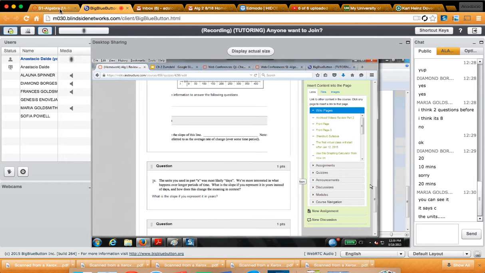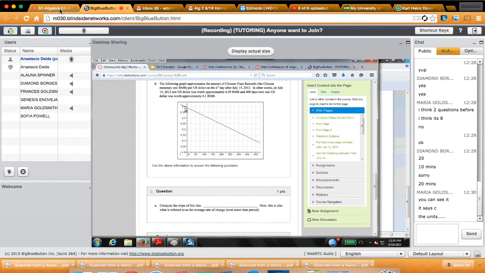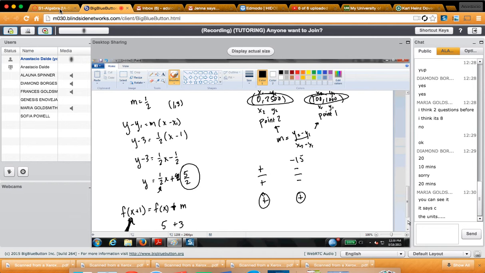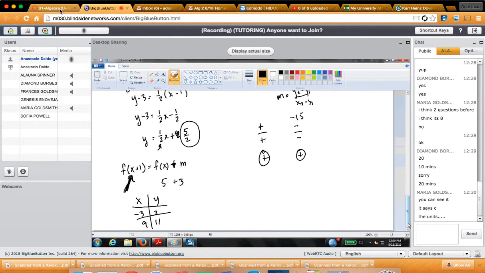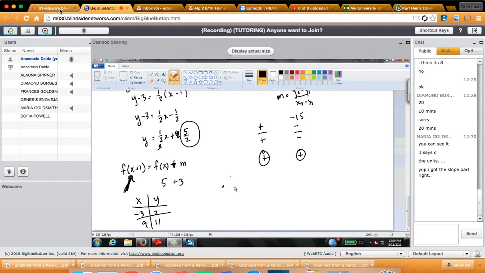So let's see. The slope of this is something divided by something else, right? I don't know what the slope that you would calculate for question 6 is, but let's say it's 1 over 1,000 or something like that. And this would be megabytes per day. Got it?